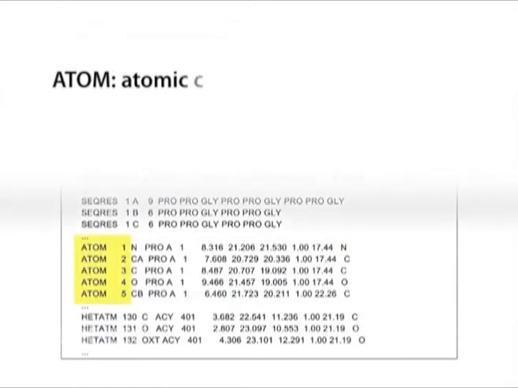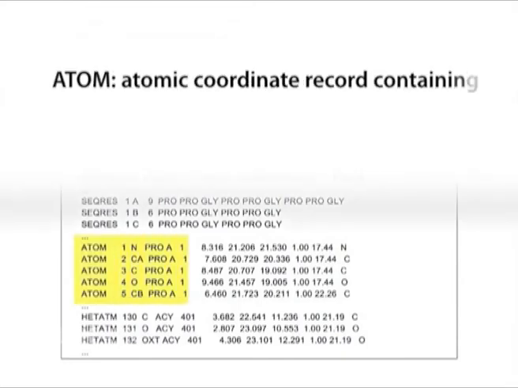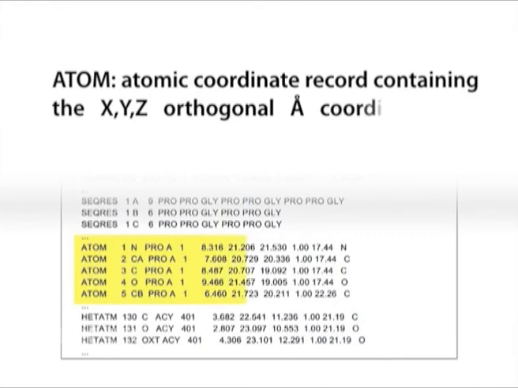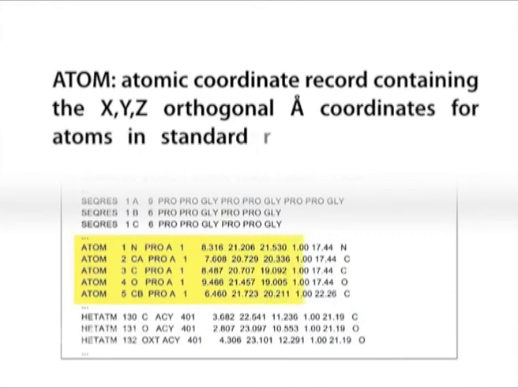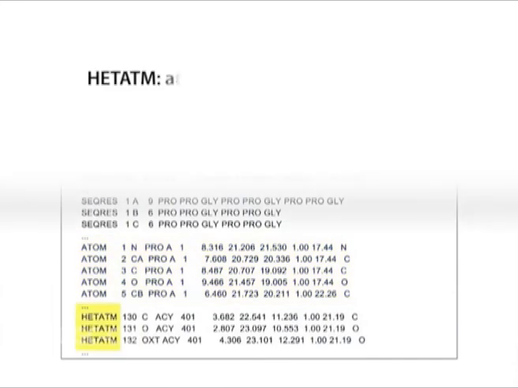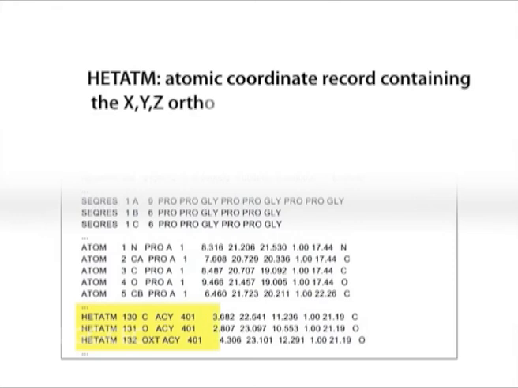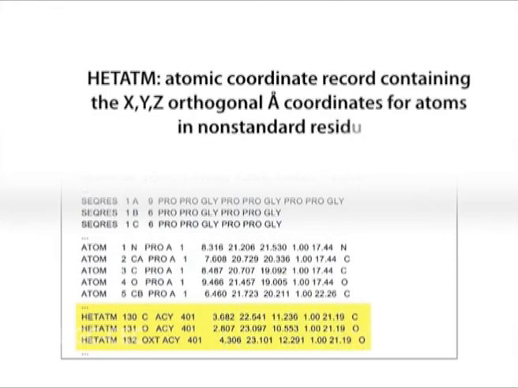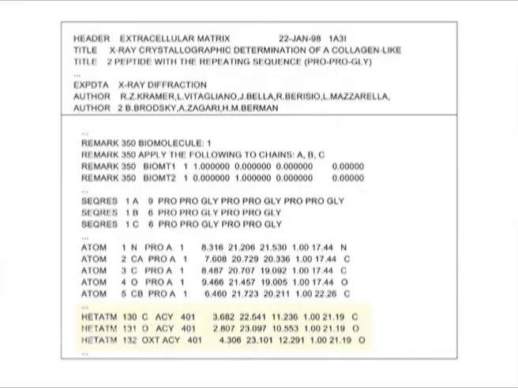ATOM: atomic coordinate record containing the XYZ orthogonal angstrom coordinates for atoms in standard residues such as amino acids and nucleic acids. HETATM: atomic coordinate record containing the XYZ orthogonal angstrom coordinates for atoms in non-standard residues.